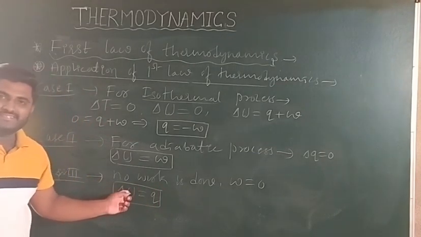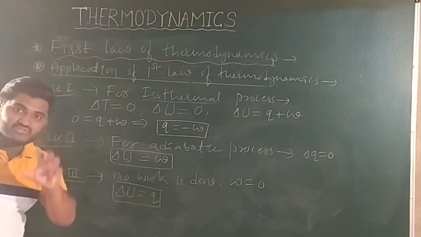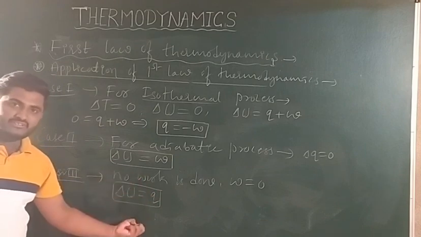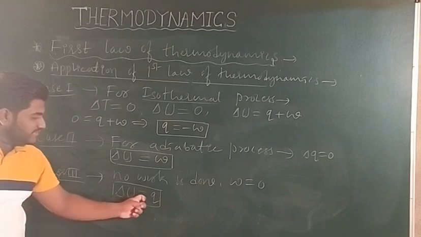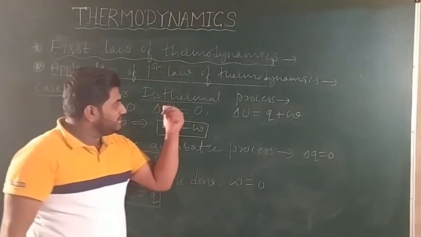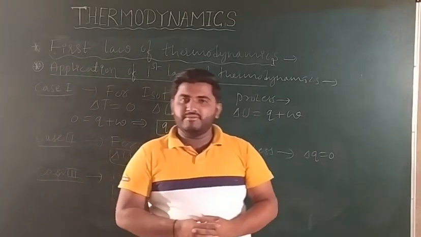Q means the amount of heat absorbed by the system and del U means change in internal energy. So change in internal energy is equal to the amount of heat absorbed by the system. These are the 3 applications of the first law of thermodynamics.